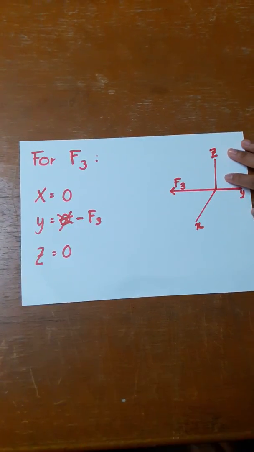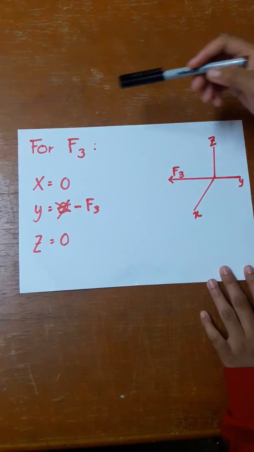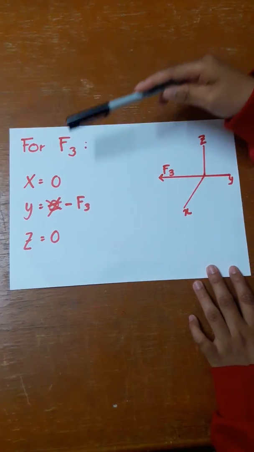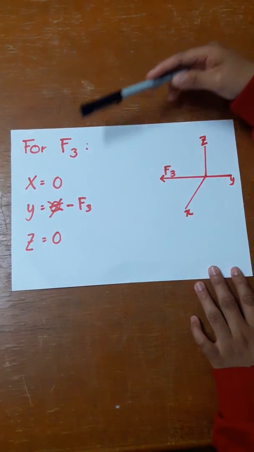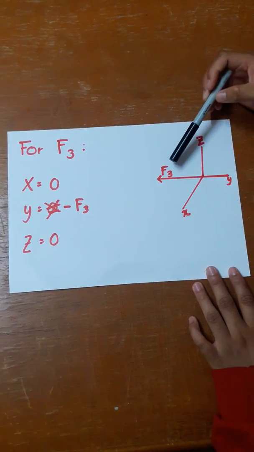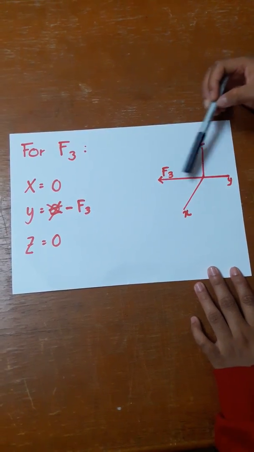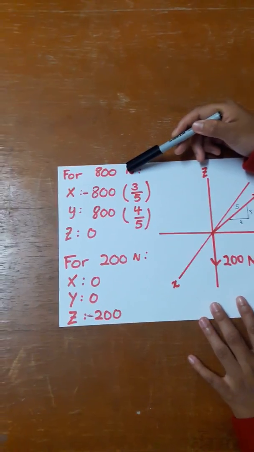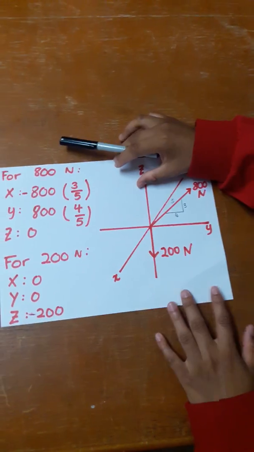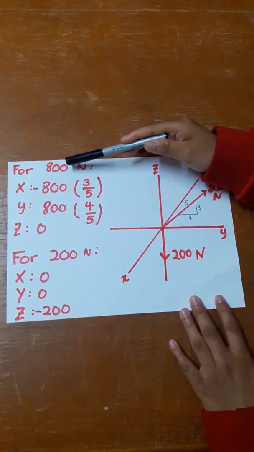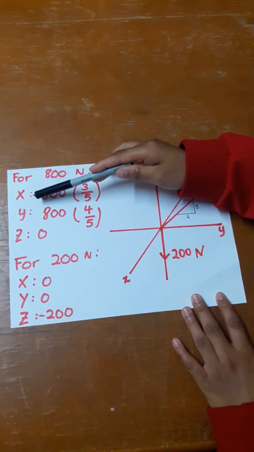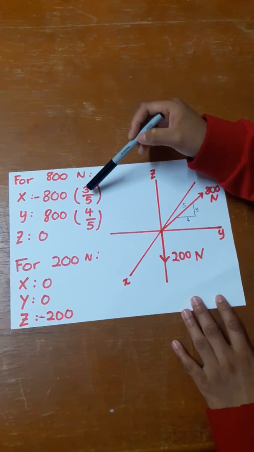Okay, so now we will resolve F3. For F3 we also have 3 components, which are X, Y, and Z. However, there is only a value for the Y component, which is negative F3, because F3 lies in the opposite direction to the y-axis. For the forces given, 800 Newton and 200 Newton, we can see that 800 Newton also consists of X, Y, and Z components. For the X component, we have negative 800 times 3/5.